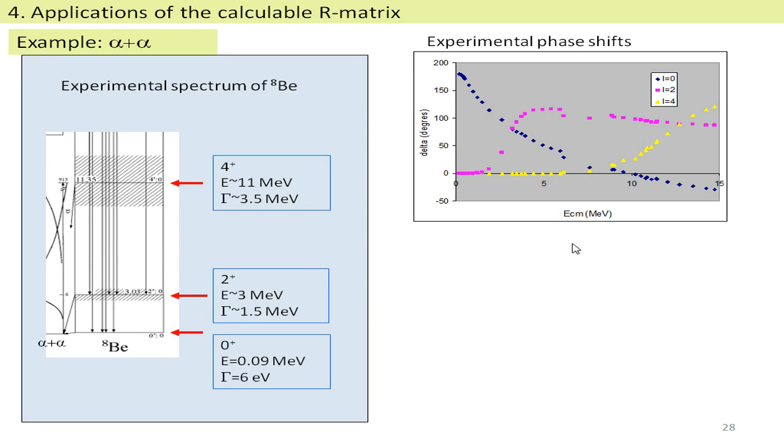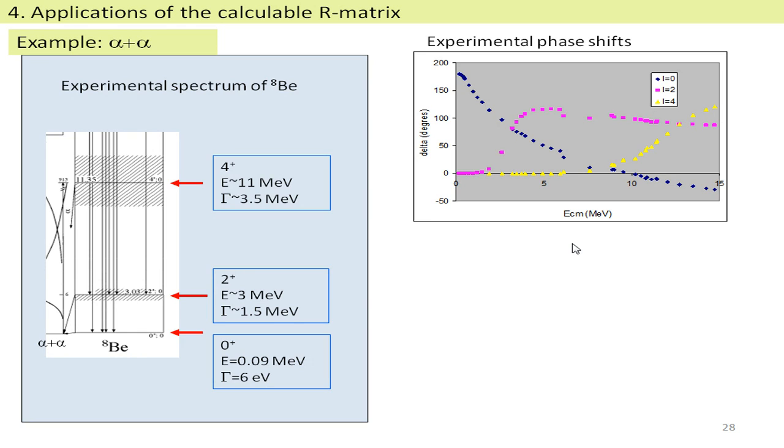And you have here the experimental phase shift, for L equals 0. It starts from 180 degrees, which corresponds to this very narrow resonance, but the width is very small, so it cannot be observed experimentally. 6 electron volt is much smaller than the energy resolution that you can expect.